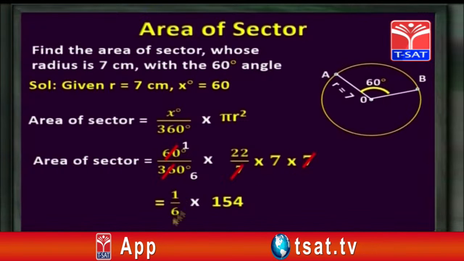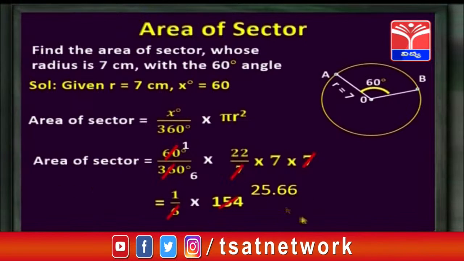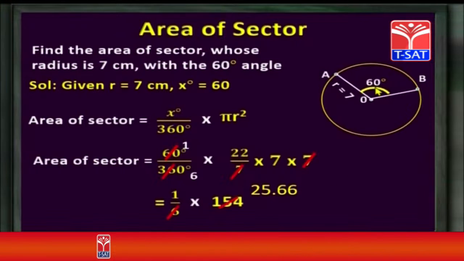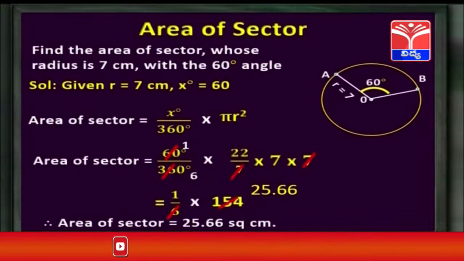Dividing by 6, we get 25.66. That means 25.66 is the area of the sector where the angle between the two radii is 60 degrees. Therefore the area of the sector is equal to 25.66 square centimeter.